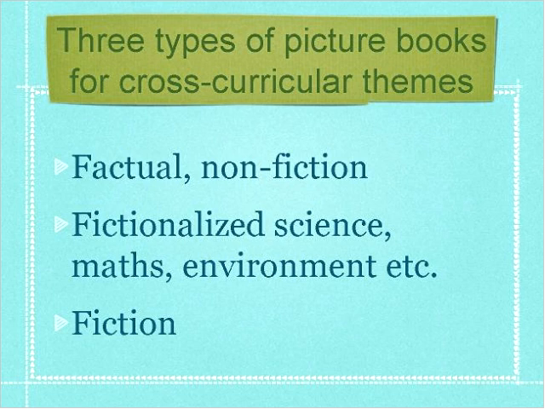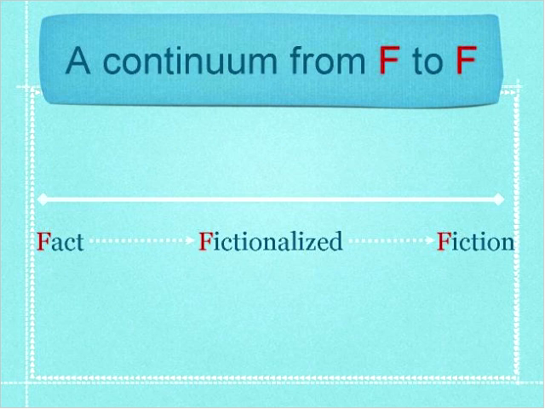The third type, of course, obviously, is fiction, where there is little or even no direct relation to a cross-curricular theme. So if you like, we can see these books as a continuum from F to F, from fact through fictionalized through to fiction.